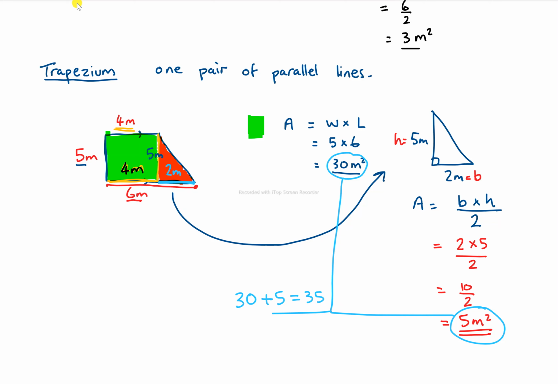So what I'll do is get rid of that. So we'll do 30 plus 5 equals 35 square meters. That's one way of doing a trapezium. I'll discuss that with you next time.